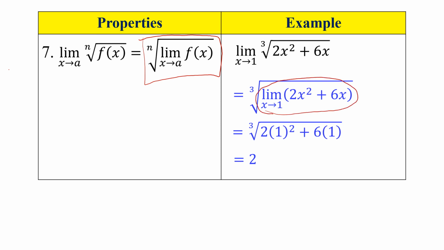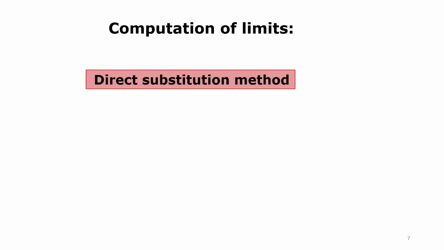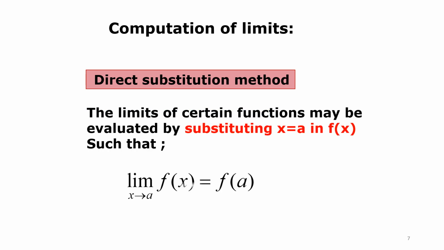Substitute the value and we got the answer is 2. Computation of limits. Actually, to evaluate the limit, we just use the direct substitution method. The limit of a certain function may be evaluated by substituting x equal to a into f(x).